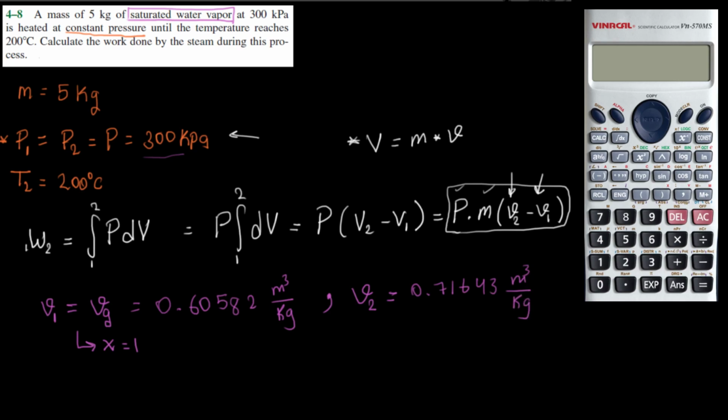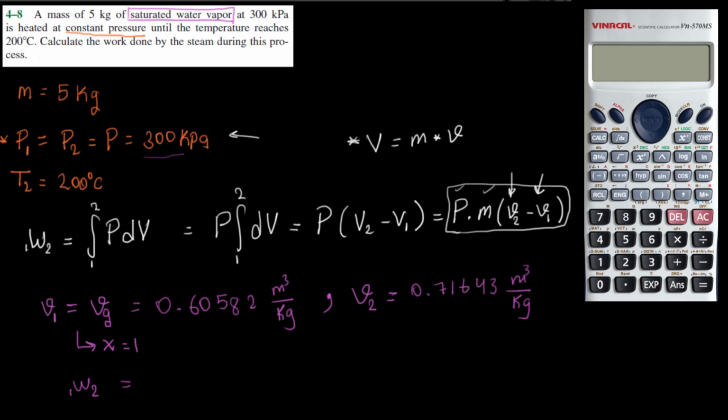And now all we have to do is just substitute the values that we found in the formula above. So work from 1 to 2, let me write that in a different color.